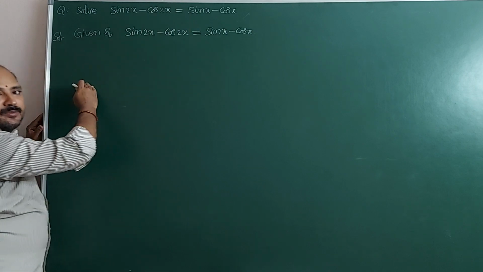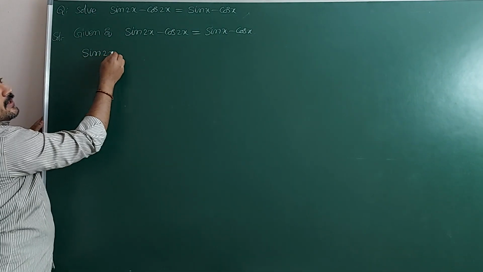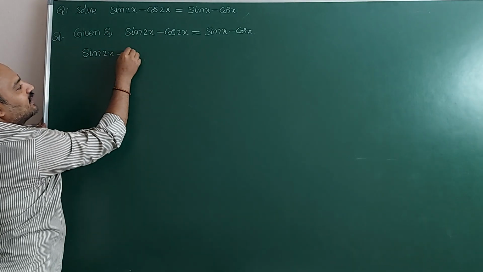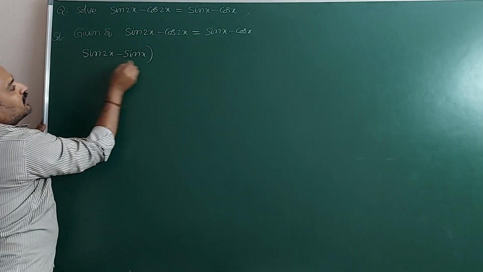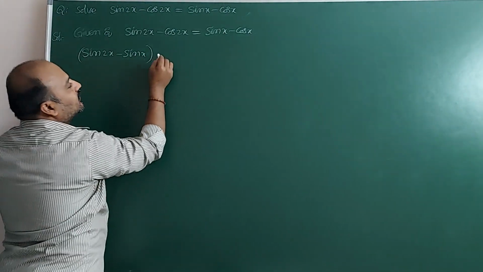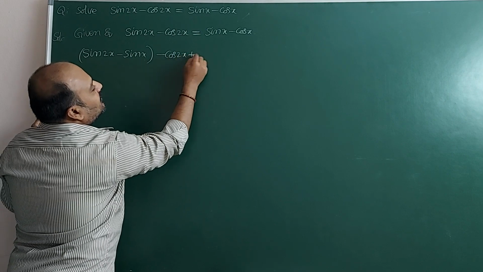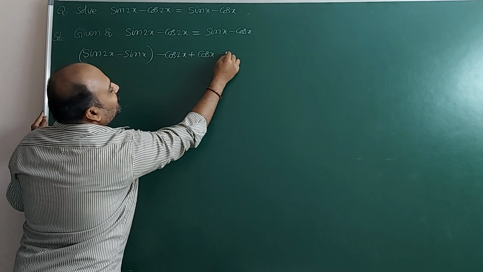So all these values I am taking this side, dear students. So sin 2x, next to sin x we can take this side, minus sin x, keep bracket for these two. Minus cos x we can take this side. So already minus cos 2x plus cos x is there now.